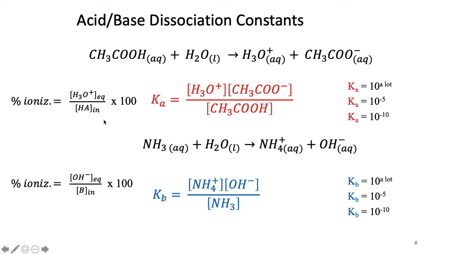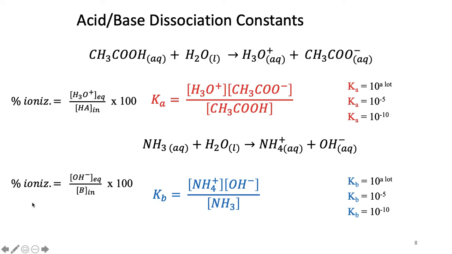We also talk about percent ionization. It's the same idea as the percent by mass that we had done in previous chapters. What we're comparing is, for the acid, for example, the concentration of H3O plus that is formed, divided by the initial concentration of my acid, HA stands for the acid, so the concentration of H plus or H3O plus in solution, divided by the initial concentration of my acid, multiplied by 100.